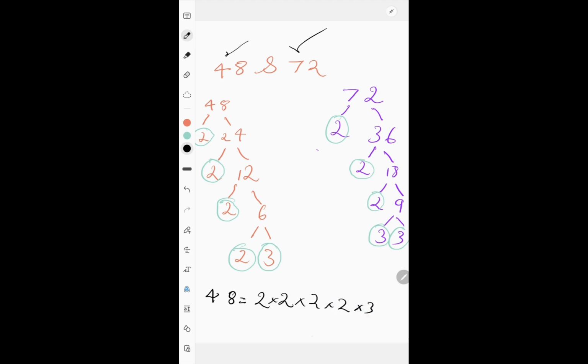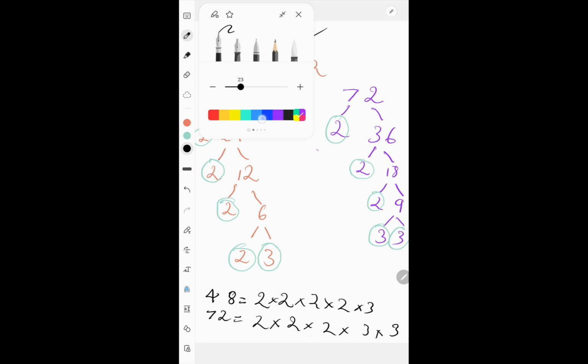So 2 times 2 times 2 times 2 times 3 equals 48. For 72, we have 2, 2, 2, 3, and 3. 2 times 2 times 2 times 3 times 3 equals 72.